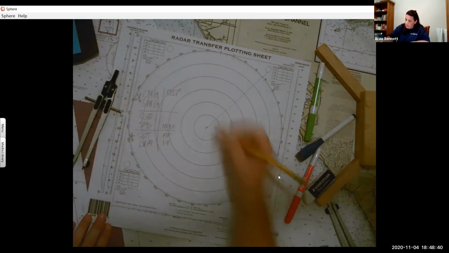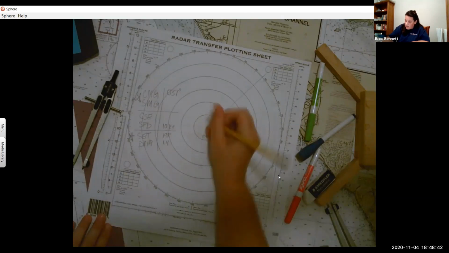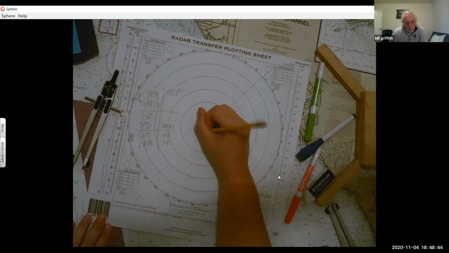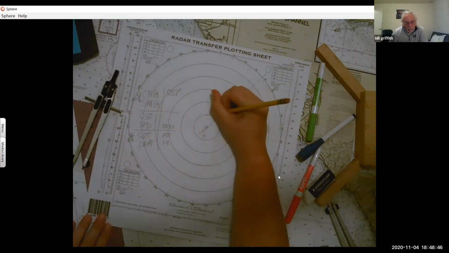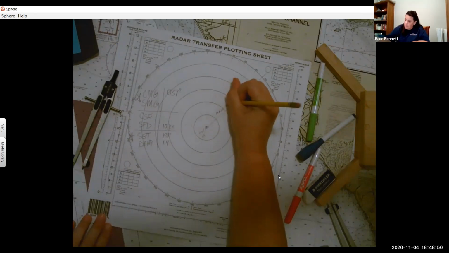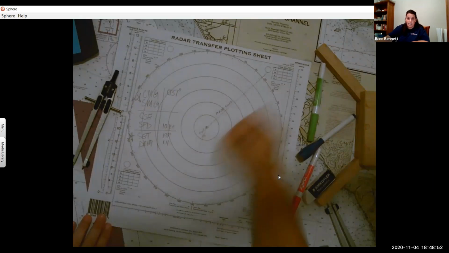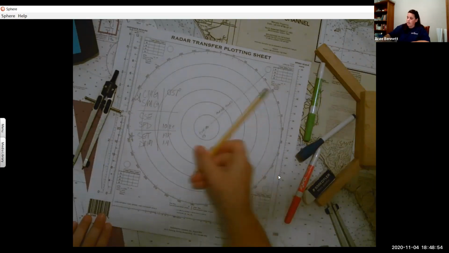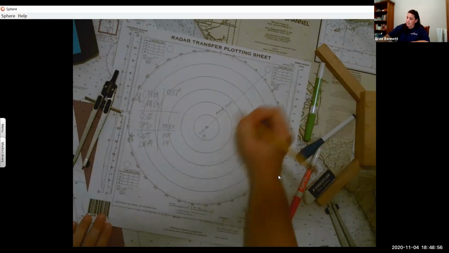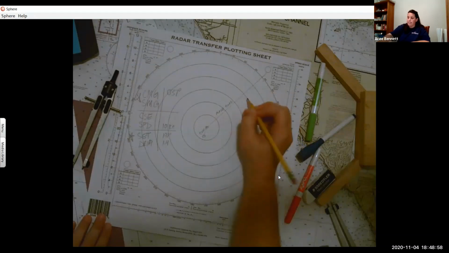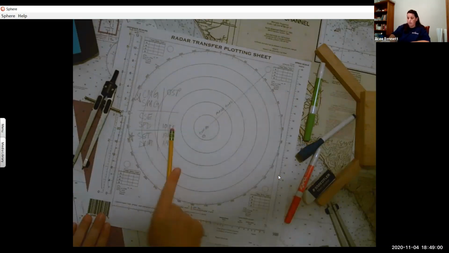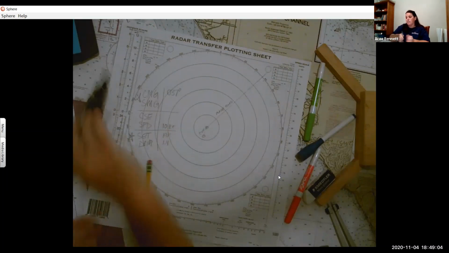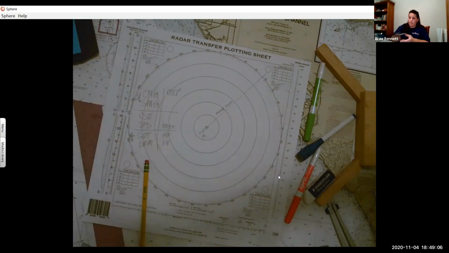So we have the end of our current line. This is our made good line, but we don't have an end to it. We don't know where it actually ends. And then our third line that needs an ending point is going to be our boat. What we know from our boat is that our speed is 10 knots.